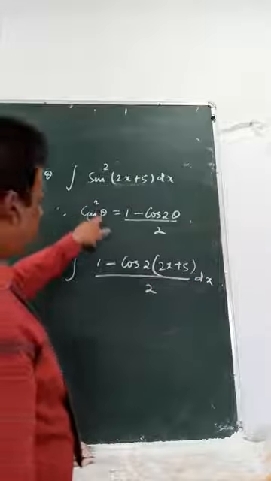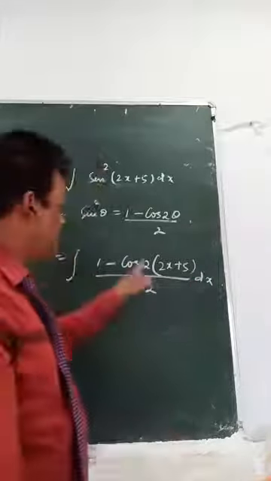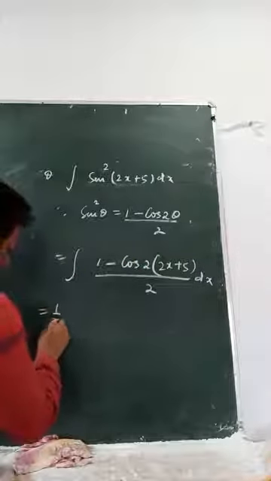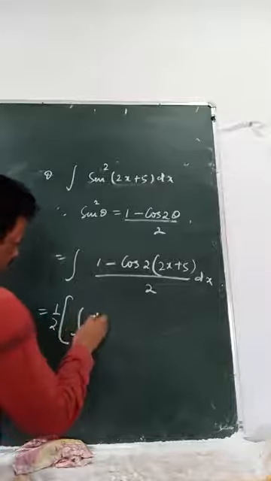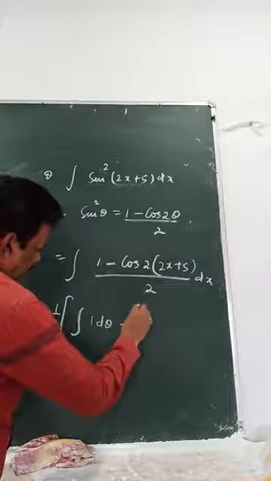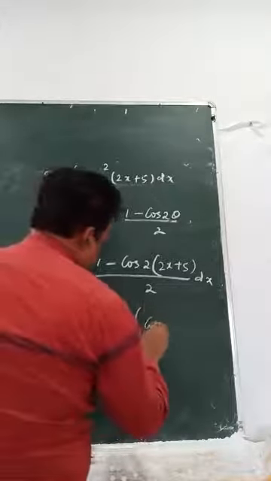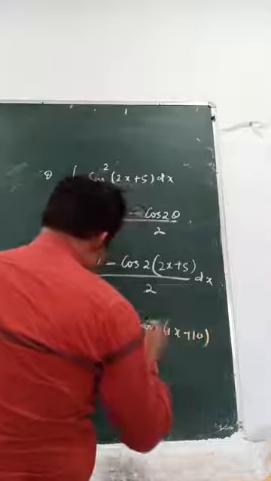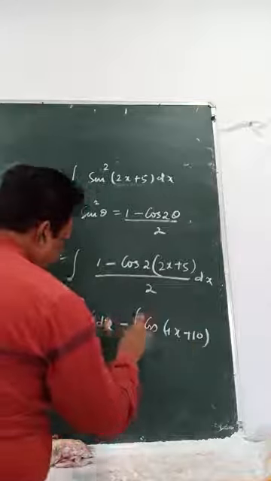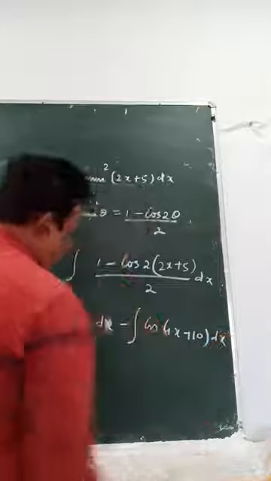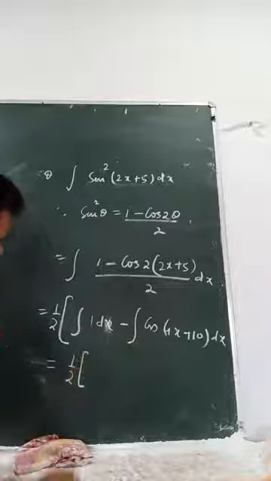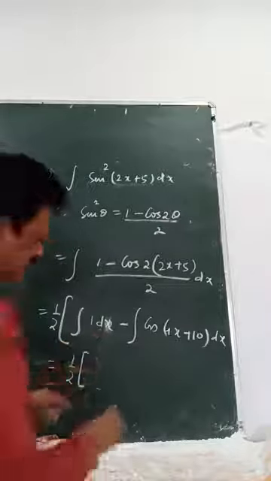Now look, the power is removed. So when the power is removed, you can use the formula. So 1 by 2 outside, this 1, cos 4x plus 10, not d theta, it is dx. So half will remain outside.